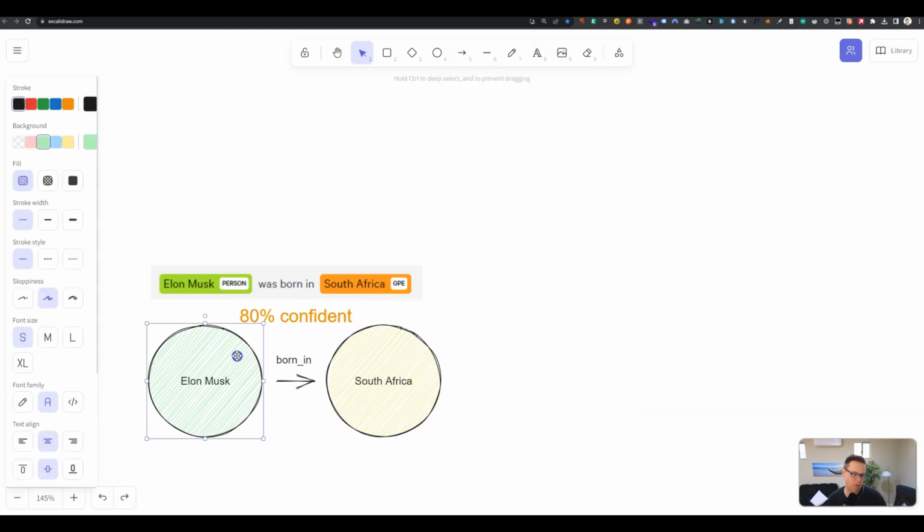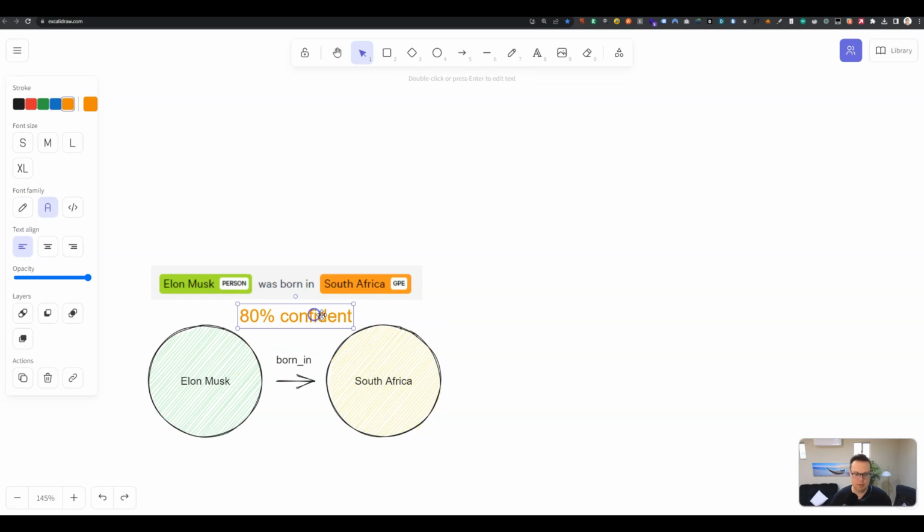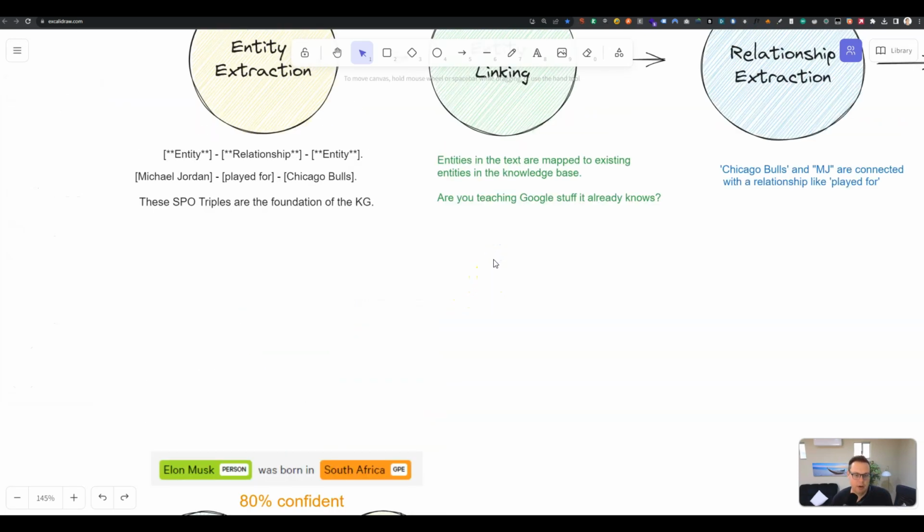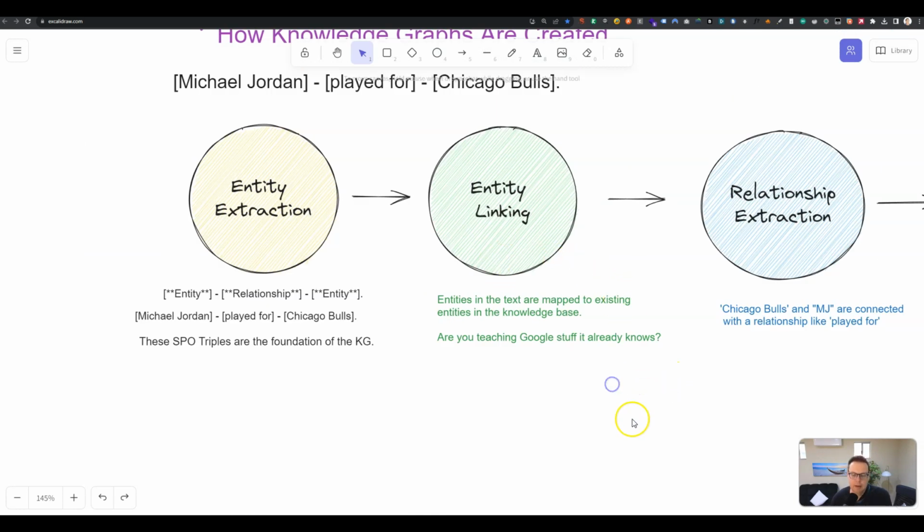How confident are we that Elon Musk was born in South Africa? And if we found that information on Forbes.com and on Wikipedia.com, then we can be quite sure. But if it's a new knowledge graph entry and it was on a low authority website, well, then Google would most likely not enter that with a high confidence score into their knowledge graph. It would basically wait for a high authority website to cover that topic to update that authority or confidence score.